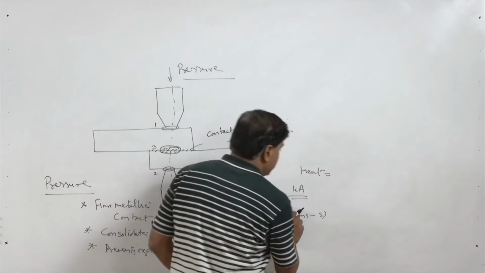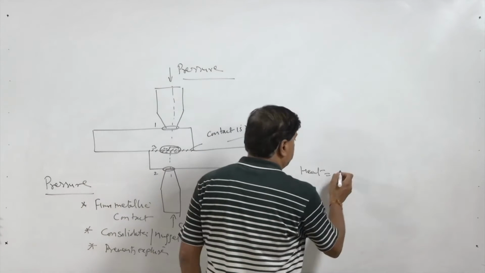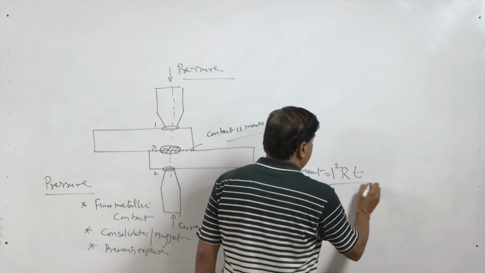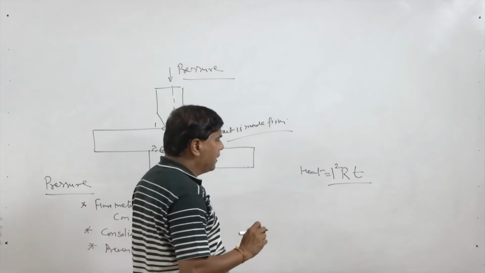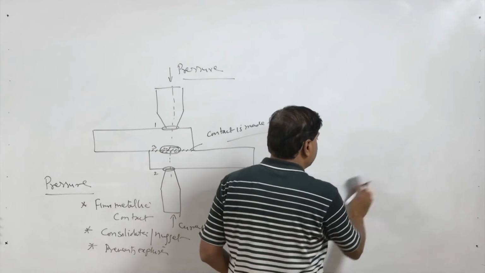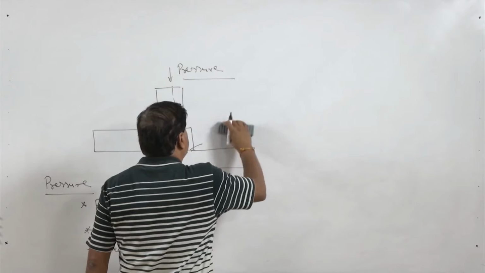So, the heat generated is obtained through I square R T, where I is current in ampere, R is contact resistance in ohms, and T is the time in seconds, which will give us the amount of heat being generated.